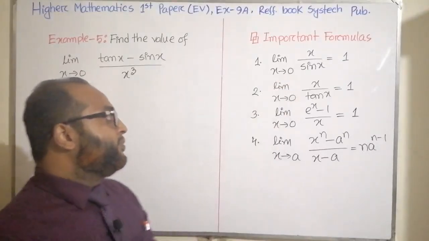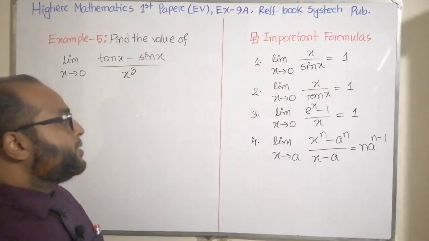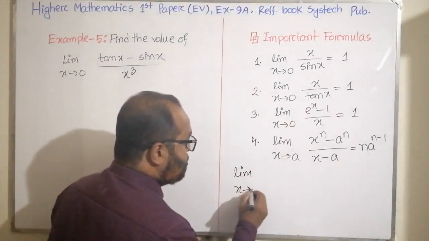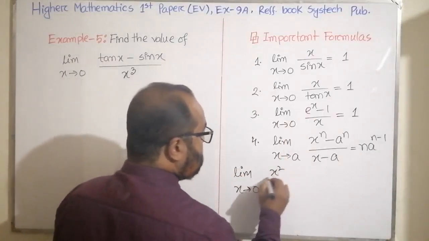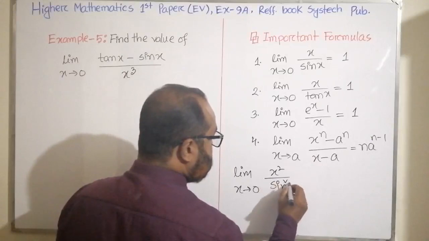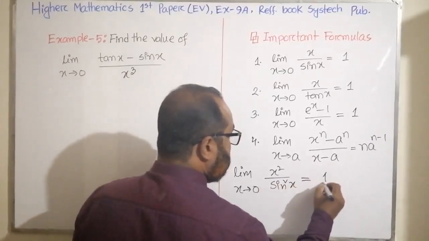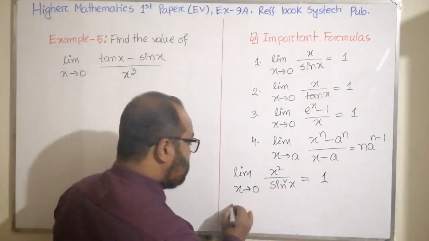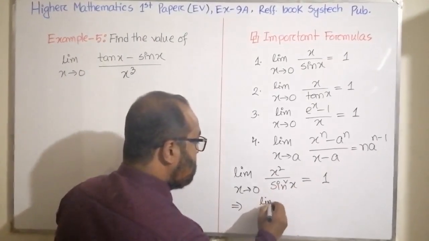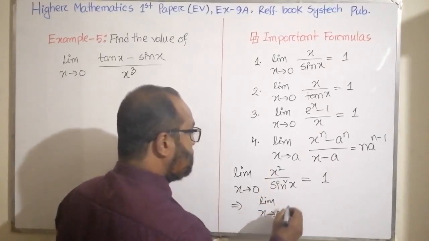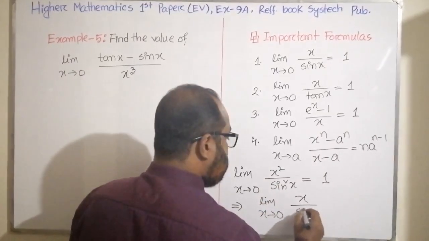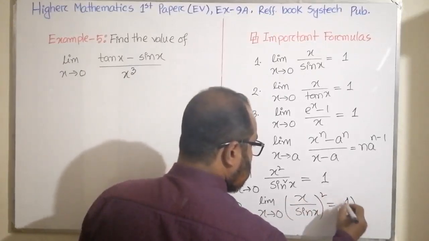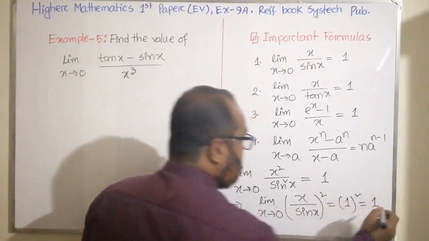Similarly, limit x tends to 0, x square by sin square x, this is also 1, because from this we can write limit x tends to 0, x by sin x, whole square, that means 1 square, equals 1.